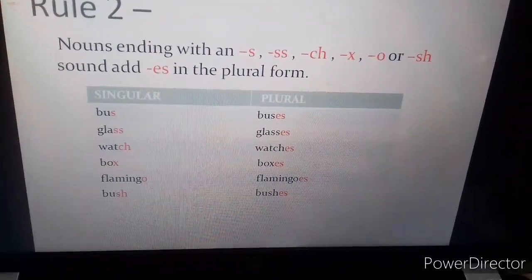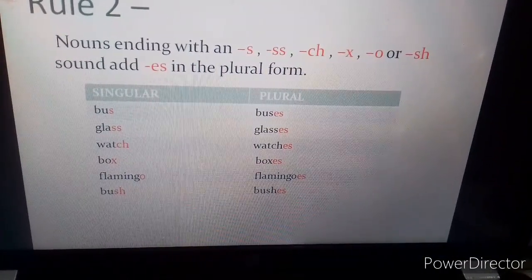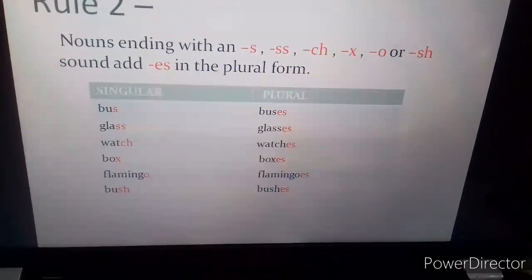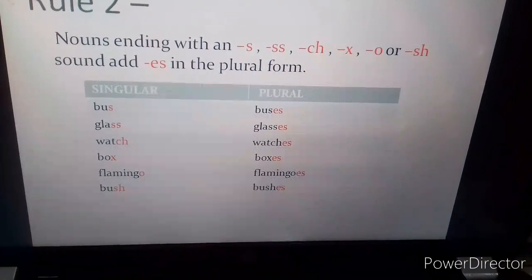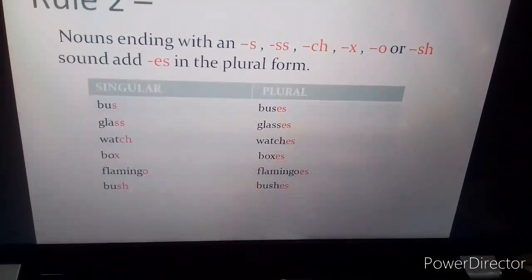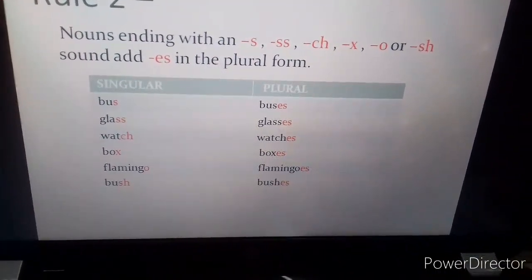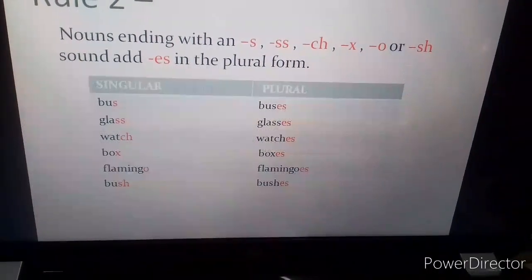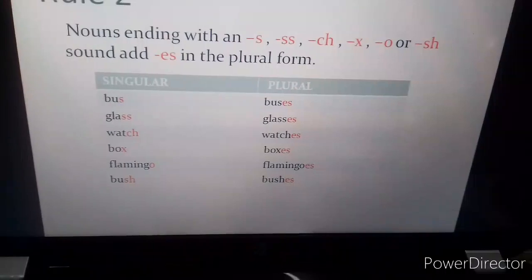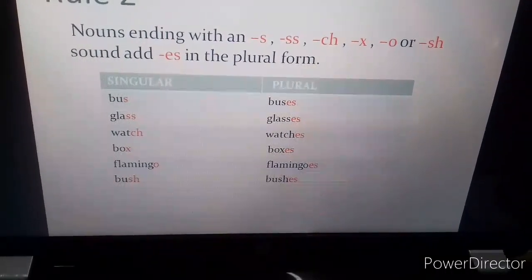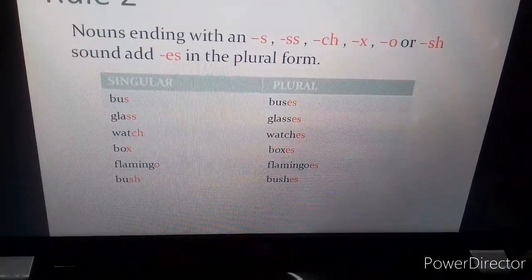For example, bus. Now you can see bus is ending with an s. So it can be made into its plural form by adding es. So the plural of bus will be buses. Similarly, the plural of glass will be glasses, watch will be watches, box, boxes, flamingo, flamingos, bush, bushes.